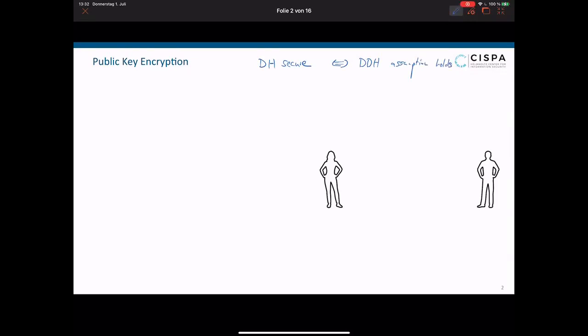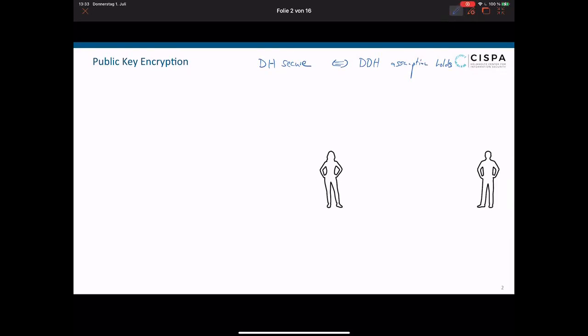So in a way, this is a very trivial statement. The decisional Diffie-Hellman assumption is just that this protocol is secure, right? So someone wrote it on the chat. Security is assumed.